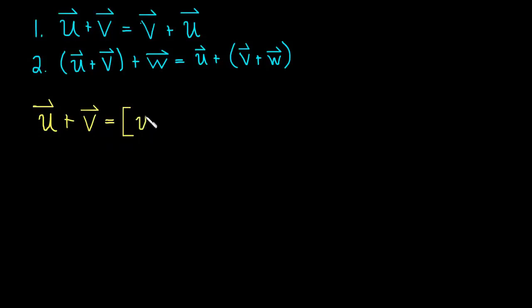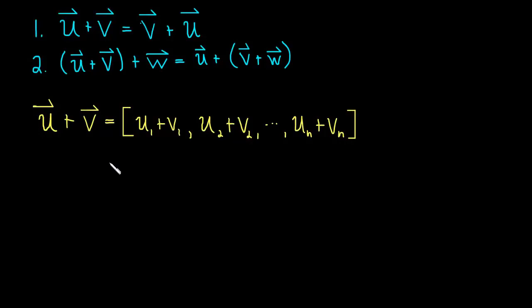Well, we've already gone over this. It's u1 plus v1, comma u2 plus v2. And that keeps going until you get to the last component, un plus vn. And this is the new vector. This is the vector u plus v.